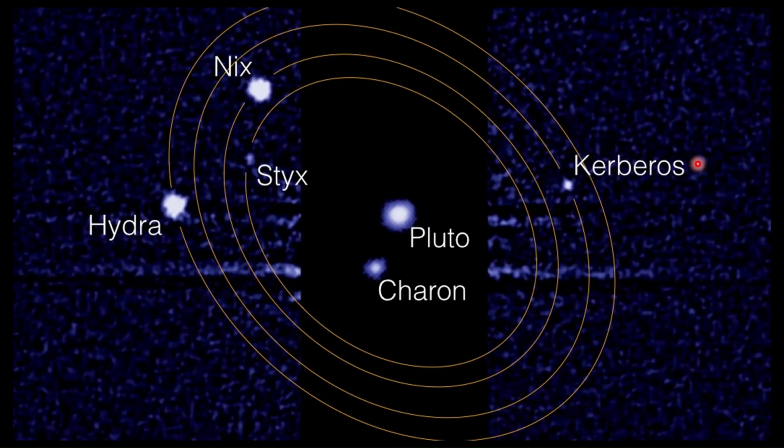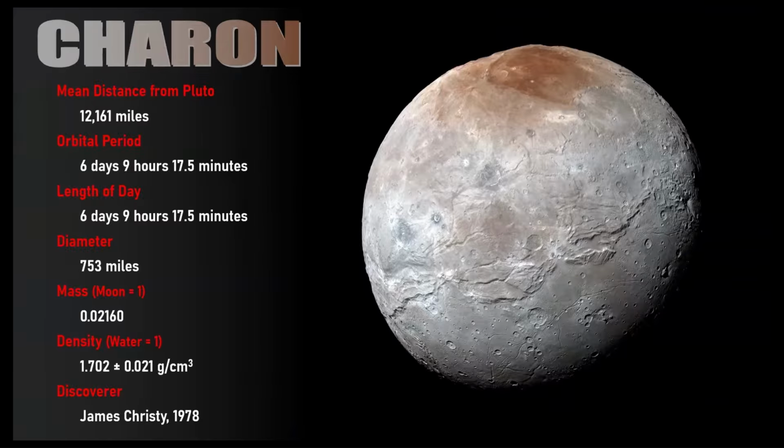So here's a great look at Charon from New Horizons. Again, it's about a 12th the mass of Pluto, and it's 1.2% the mass of our Moon. And notice its orbital period and length of its day are exactly the same, much as our Moon is around Earth. But even more interesting is Charon is only visible from one side of Pluto.